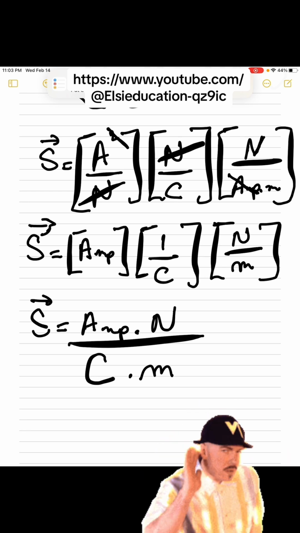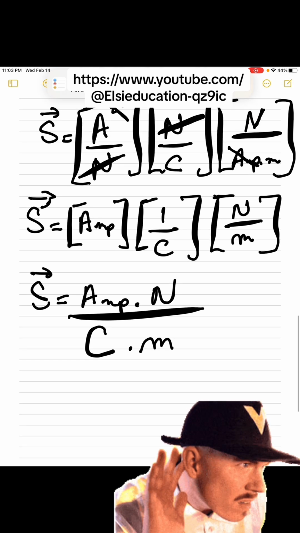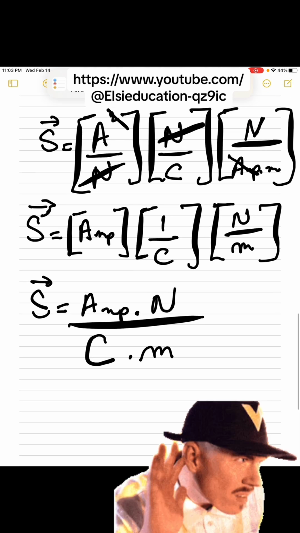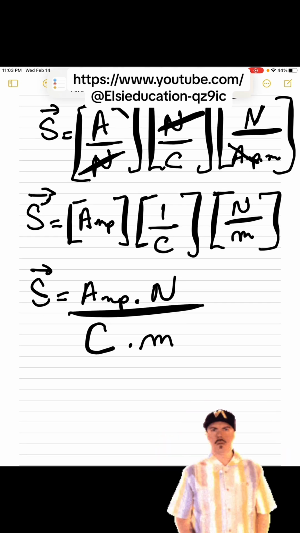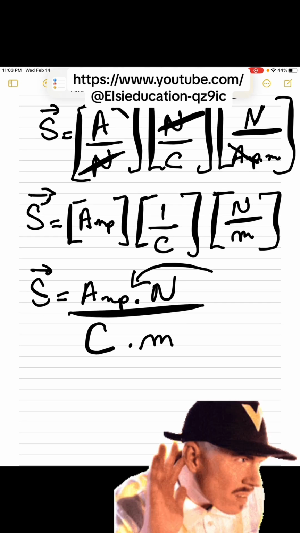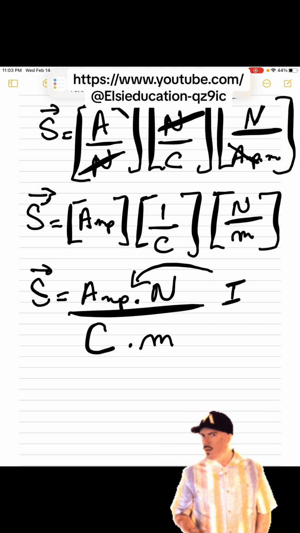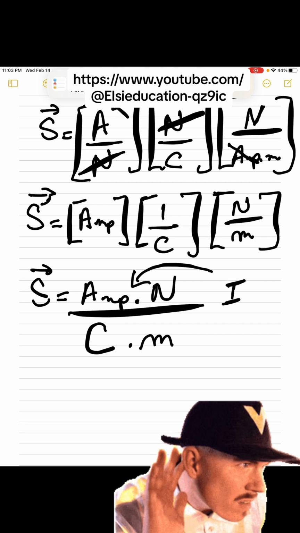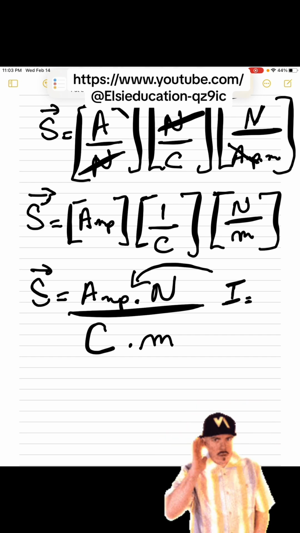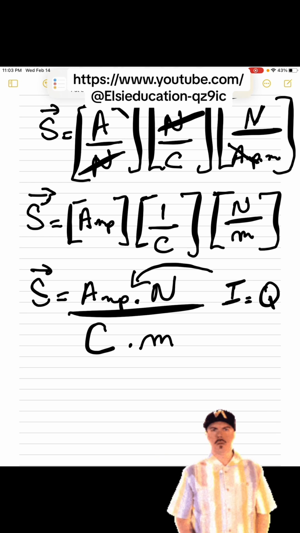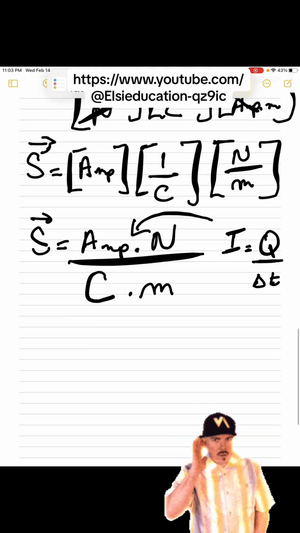Now for the amp, another unit that we can take out is that the current is equal to charge divided by differential of time.